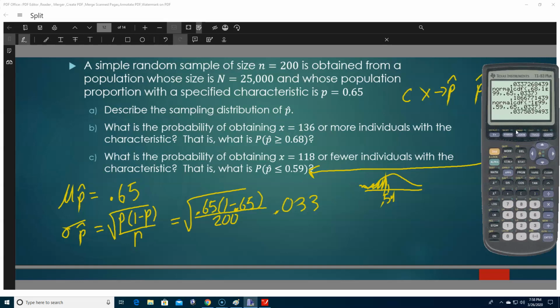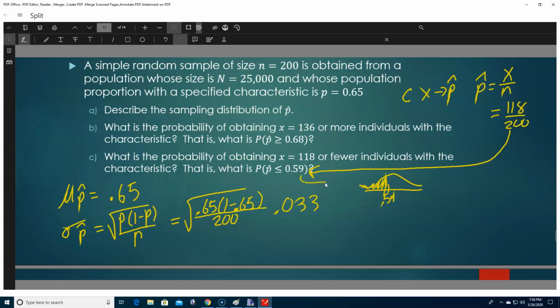Hit enter. And there's our probability. So the probability for that, the answer for C, 0.0375. There's your probability of getting this idea of X being 118 or fewer.